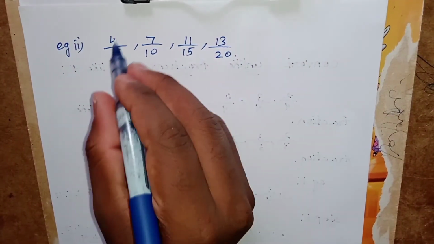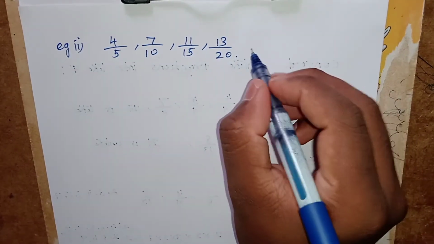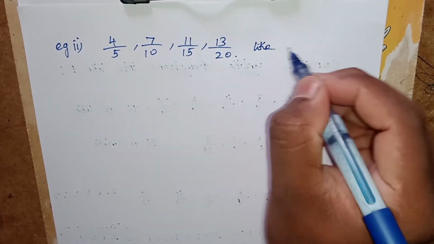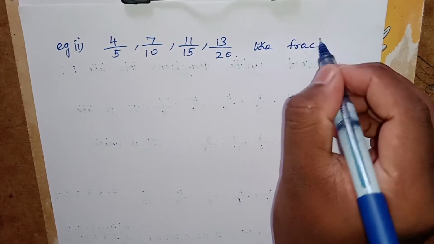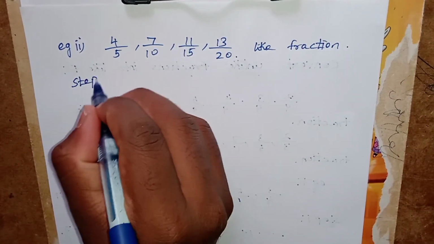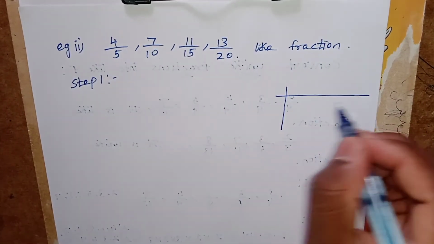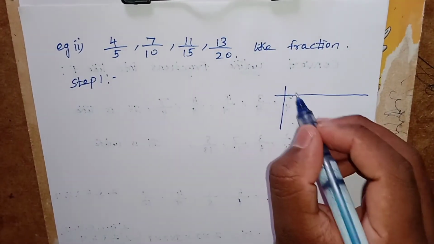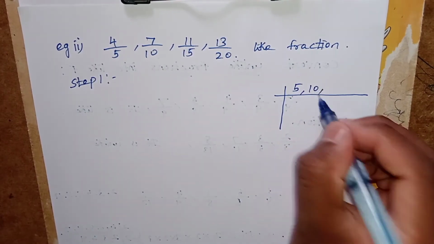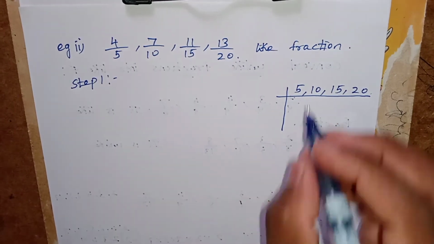Here it is clearly unlike fractions. You have to convert into like fractions. Here step 1, finding the LCM for the denominators 5, 10, 15, 20.